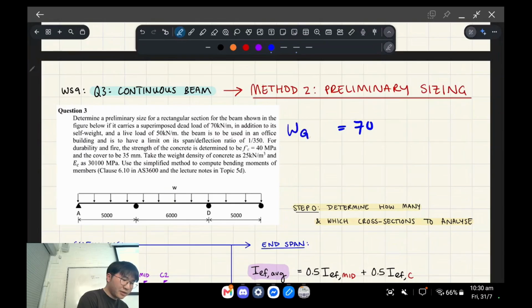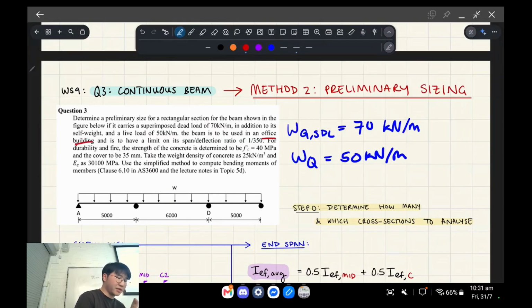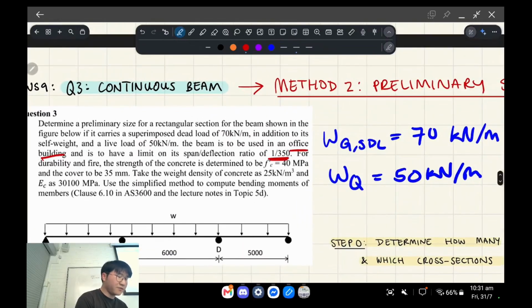W dead load, SDL, so superimposed, of 70 kilonewtons per meter, in addition to its self weight, and live load, WQ, of 50 kilonewtons per meter. The beam is to be used in an office building, so this will tell us about the purpose of it, and it's to have a limit on its span/deflection of 1/350.